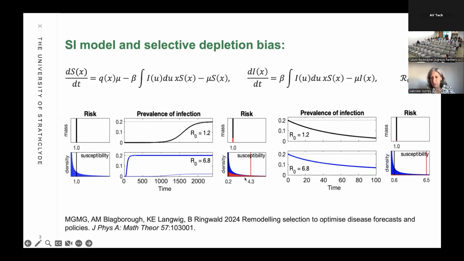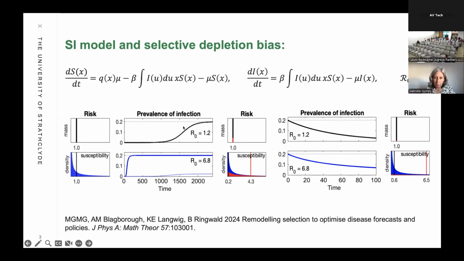And this is shown here. After some time of transmission, the mean susceptibility in the susceptible pool is now 0.2 at the end of this simulation, while at the beginning it was 1. Because of this, the growth in the infection curve decelerates for the same R naught.